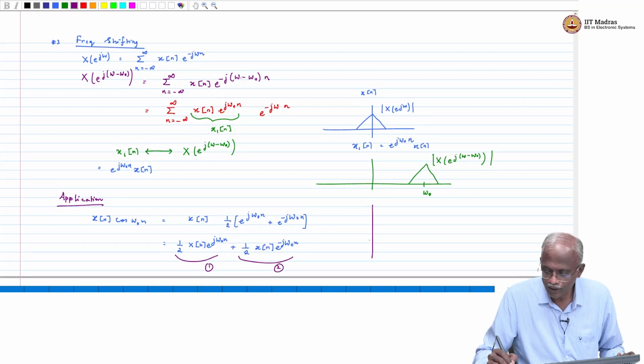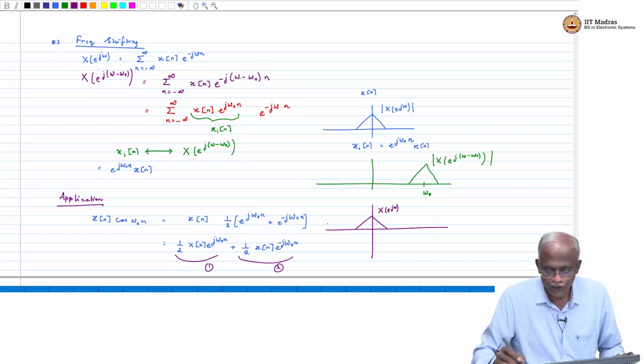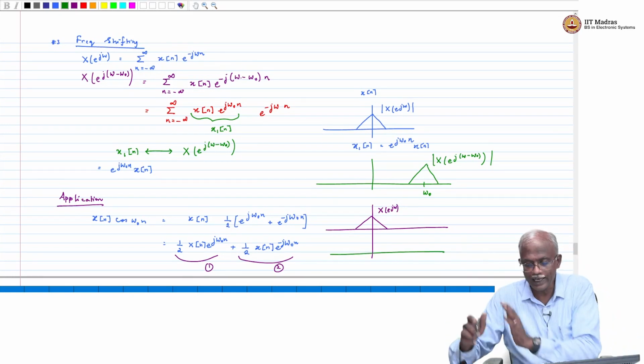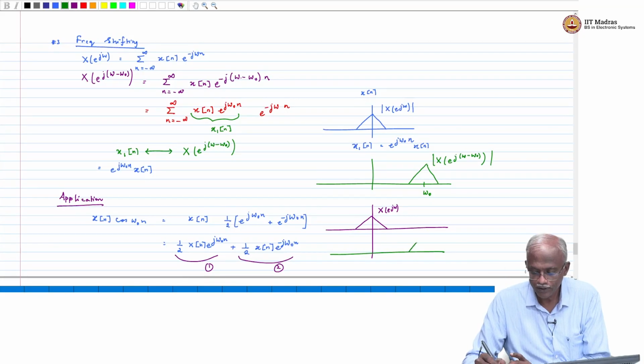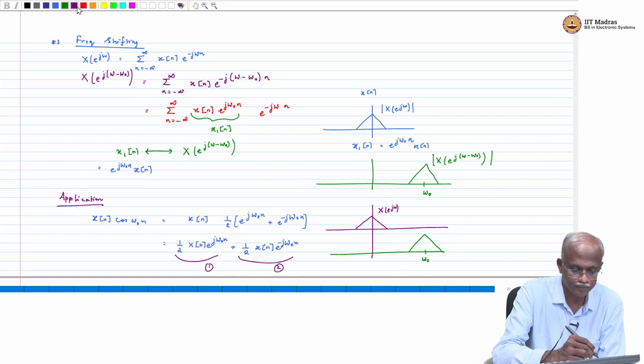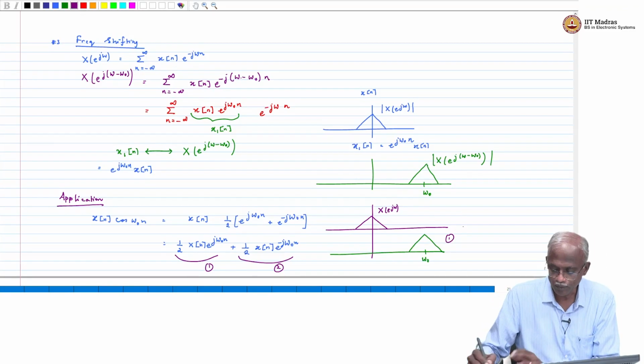So X of e power j omega is given here. Now x1 is multiplied by e power j omega naught n, so it is shifted to the right by omega naught. This is omega naught, the spectrum of the first term.